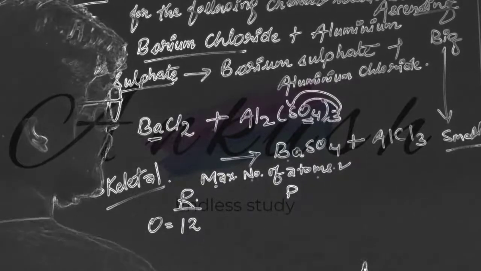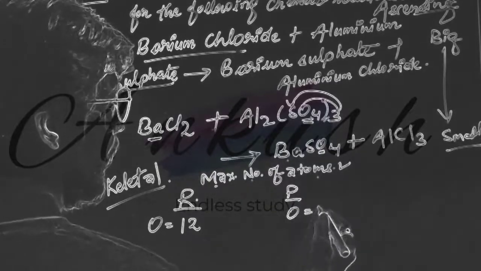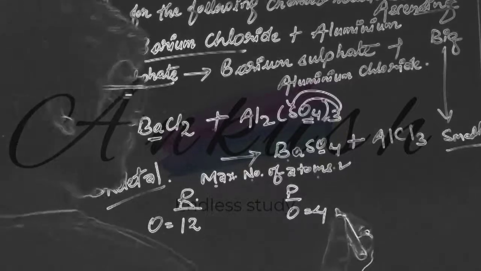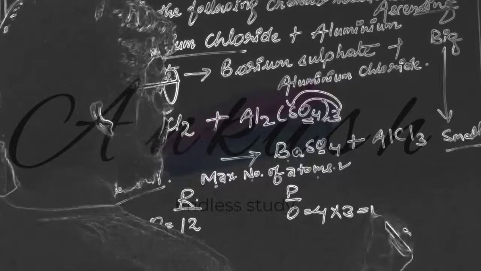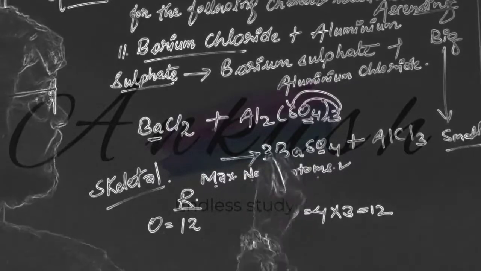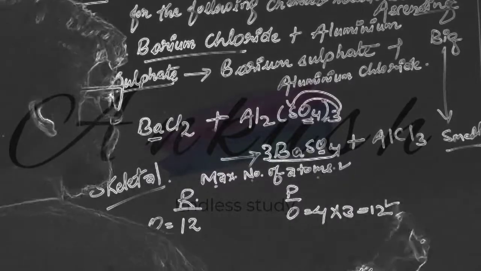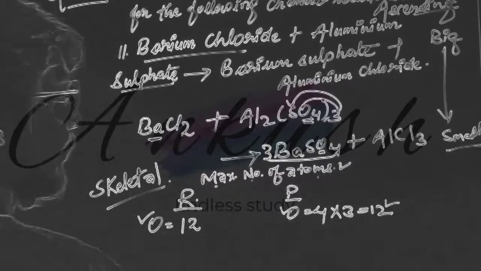And in the product, how many oxygen are there? 4. So if we want to make it balanced, we multiply here by 3. So 3 fours are 12, so oxygen atoms here 12. It is balanced. Oxygen here also 12 and oxygen here also 12.